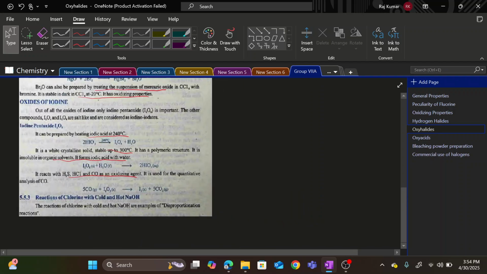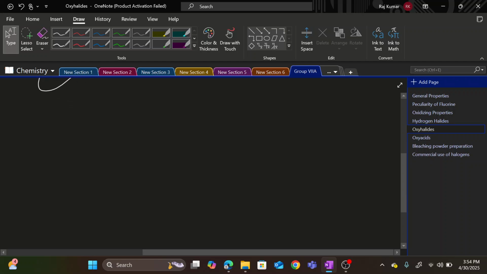Alongside that, there's an interesting thing about when we react sodium hydroxide with fluorine, chlorine, bromine, or iodine, that is, with halogens.